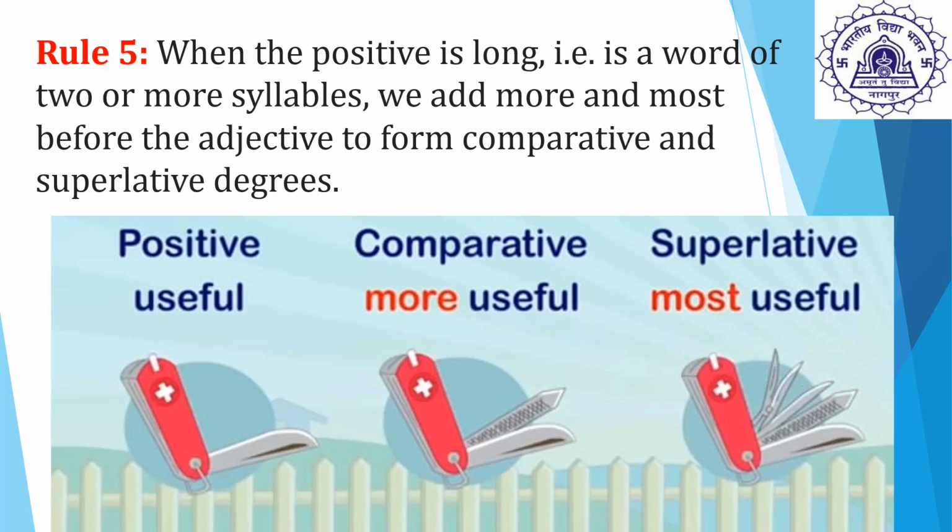So here we will not add anything towards the end of the adjective. What we will do is add more in the comparative degree and most in the superlative degree. So its comparative will become more useful and superlative will become most useful.